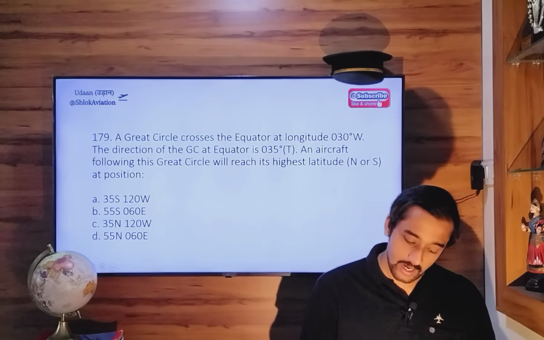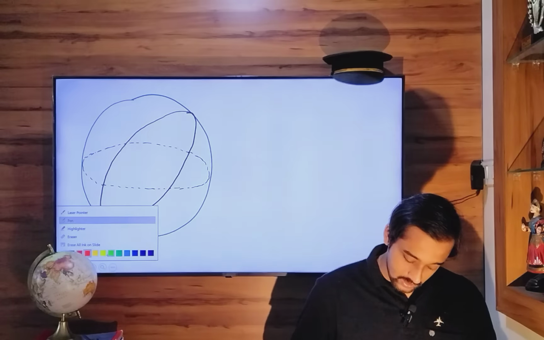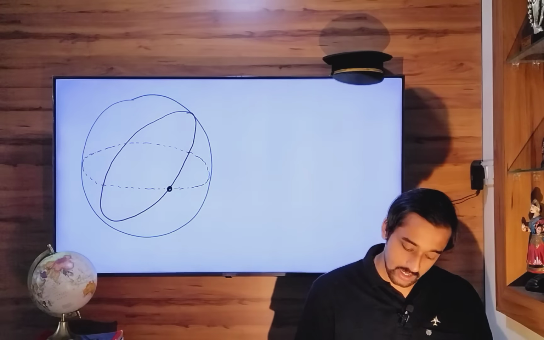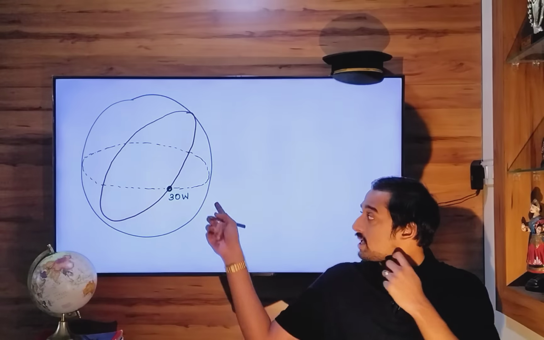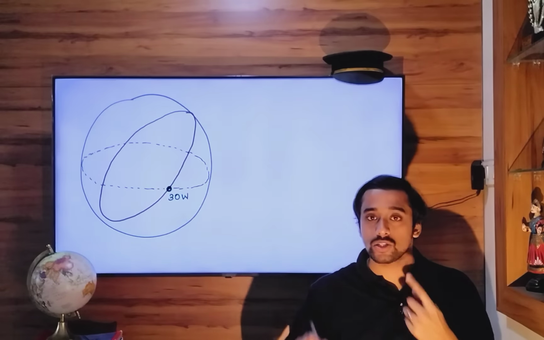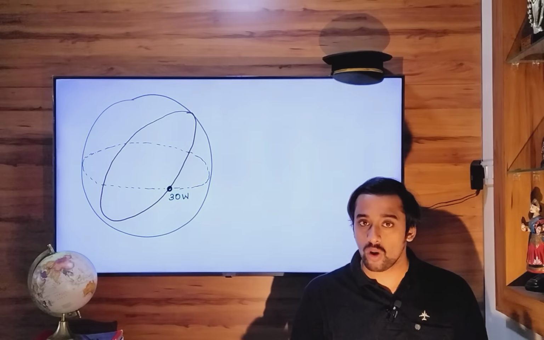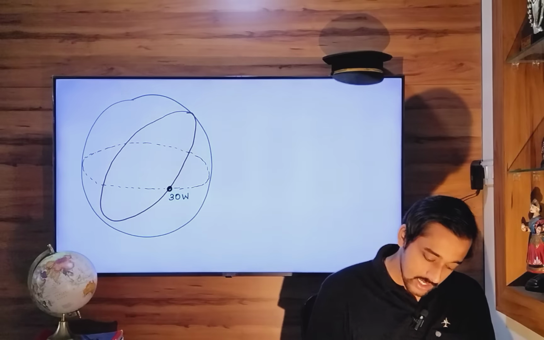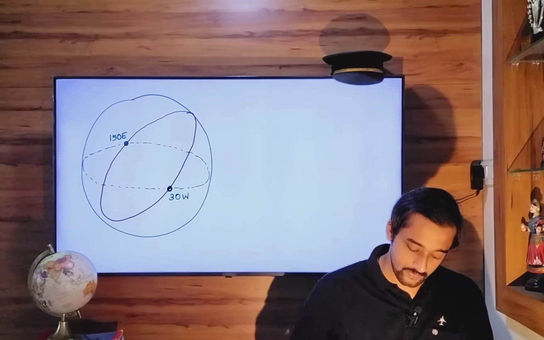One coordinate of the great circle is 30 degrees west, where it intersects the equator. If this is 30 degrees west, that longitude should be how much? The total should be 180. So 180 minus 30 is 150, so this should be 150 east in the eastern hemisphere.